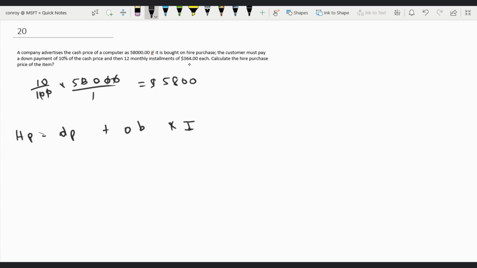Right? So our deposit is 10% of the cash price. Outstanding balance is equal to 12 months times 364. All right, so for each of the months you'll pay $364.